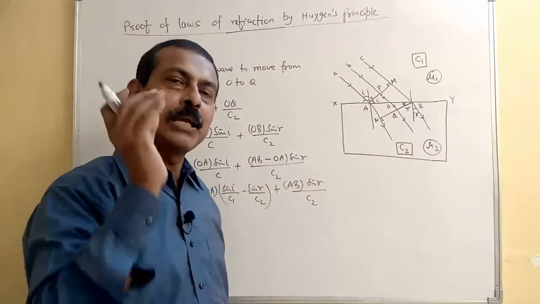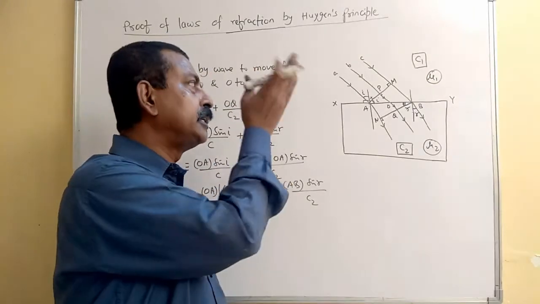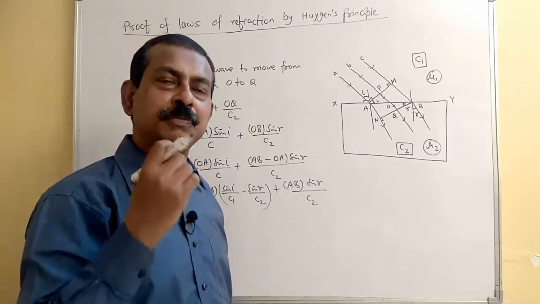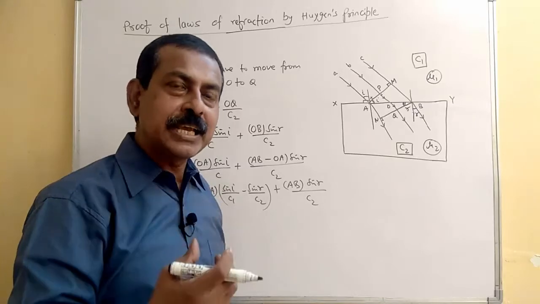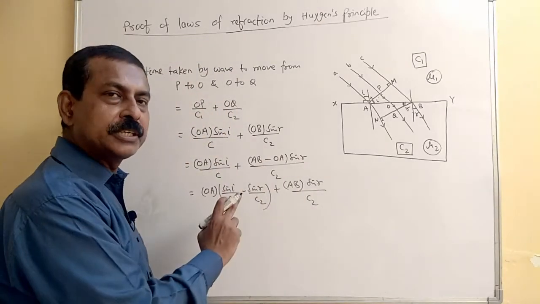Time taken by all waves to move from any point on the incident wavefront to the refracted wavefront will be the same. So if it is the same for all waves, that means this time has to be constant.